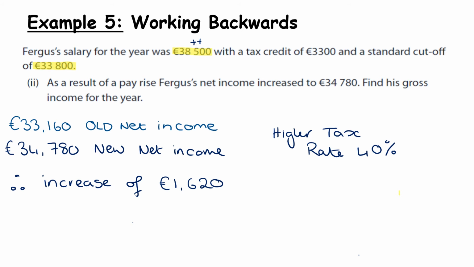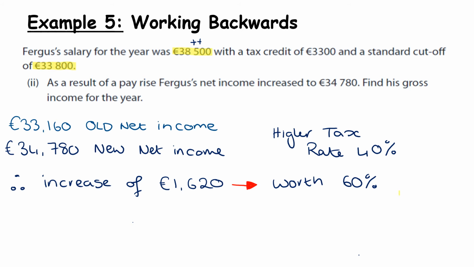So everything else has already been accounted for. So this extra increase in money, the 1,620, was what he got in his gross income minus the 40% tax. So this is worth 100% minus 40%, so that is 60%, because this is an increase in his net income.